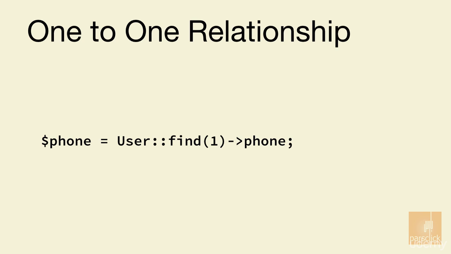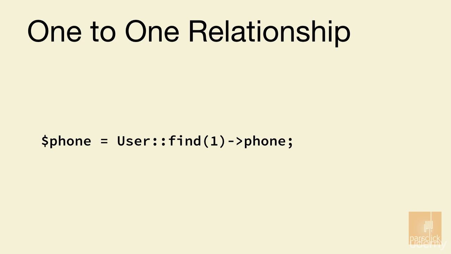One thing you need to remember is Eloquent assumes the foreign key of the relationship based on the model name. In this example, the phone model is automatically assumed to have a user_id. So Eloquent expects you to have a column which is user_id inside the phone model or phone database, to use as a foreign key.